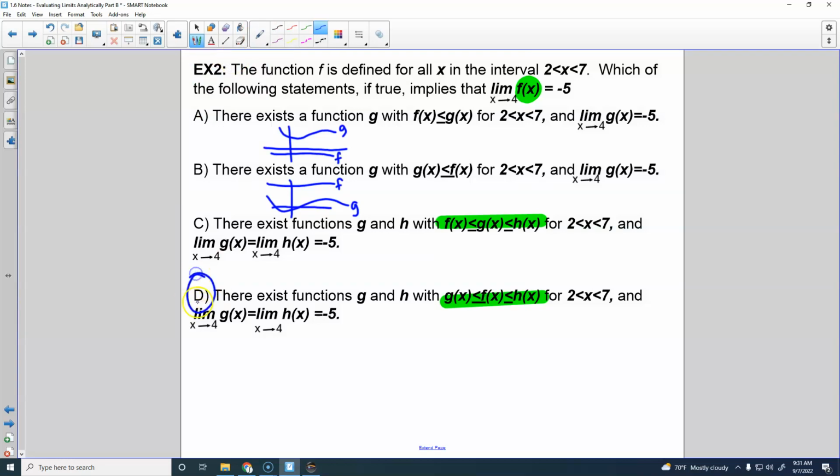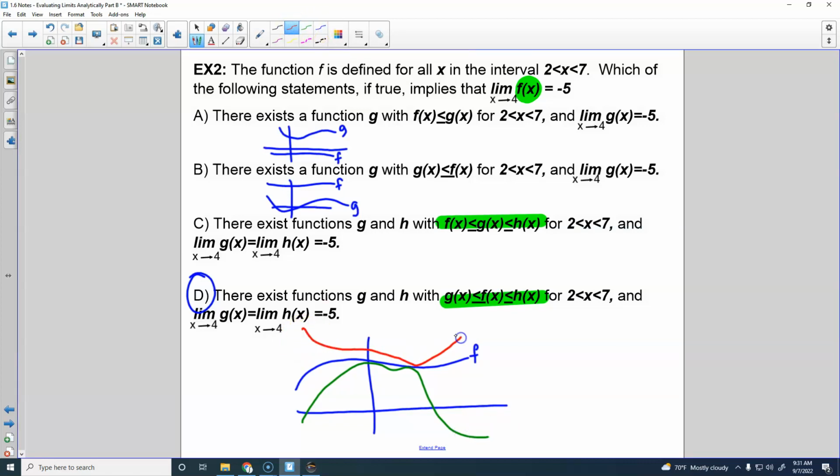Because D tells us that we've got f here, g is always below it, h is always above it, and, well, this is a terrible graph. We know here at 4 that our limit should be negative 5.